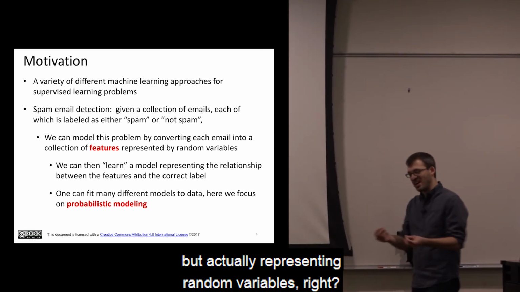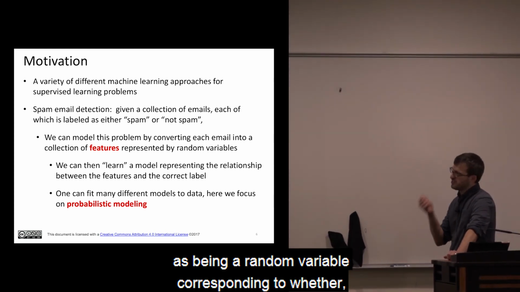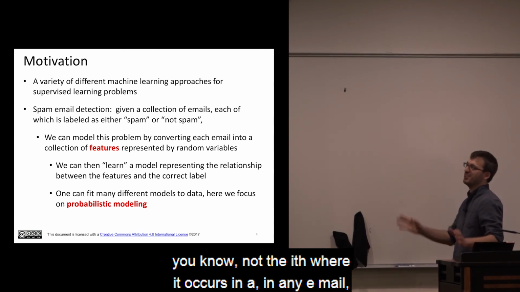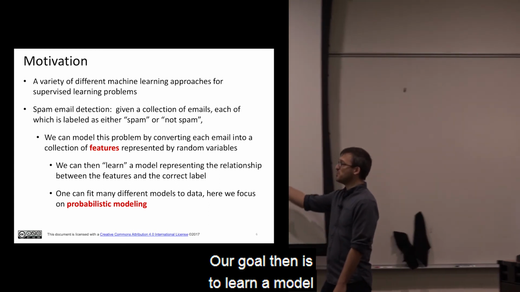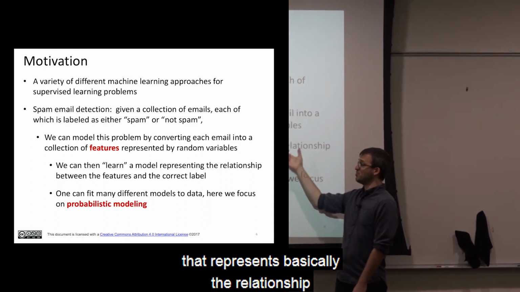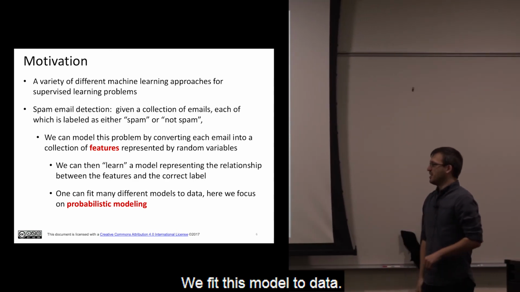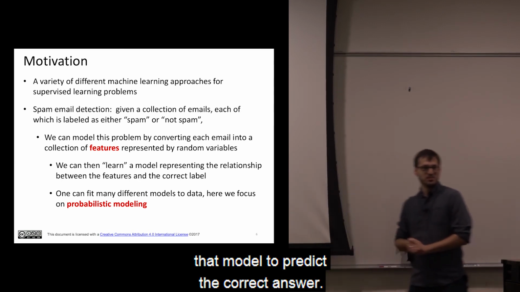I think of the ith entry of that feature vector as being a random variable corresponding to whether or not the ith word occurs in any email. So now we're thinking of distributions over emails. Our goal then is to learn a model that represents the relationship between the features and the correct label. We fit this model to data, and once we fit it, our goal will be to use that model to predict the correct answer.